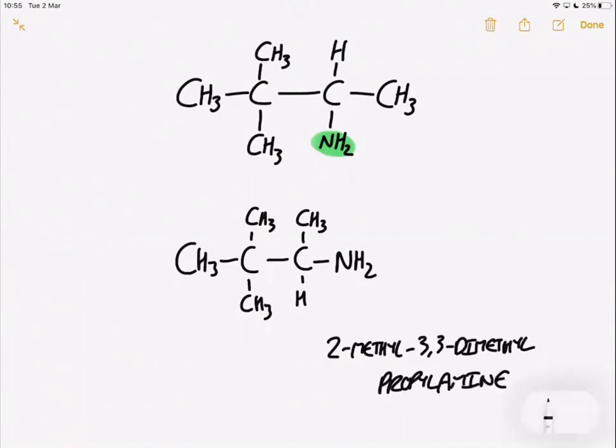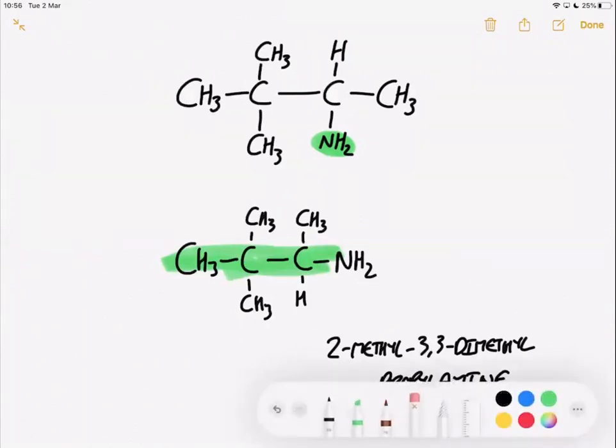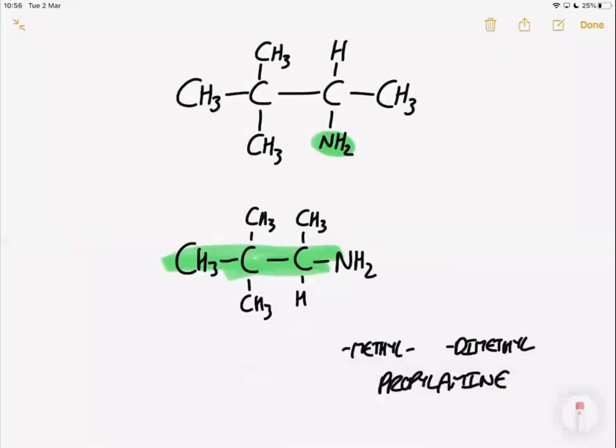The logic behind this name is that we're taking 3 carbons in a row, propyl amine, and then treating all the methyl groups as if they are branches, right? So hence you get 2, sorry, no, it wouldn't be 2, would it? It would be 1 methyl 2,2, because this would be carbon 1, all right? Looks a bit funky, that.